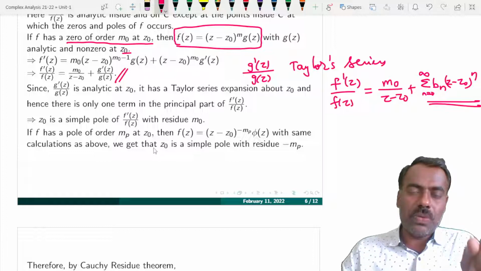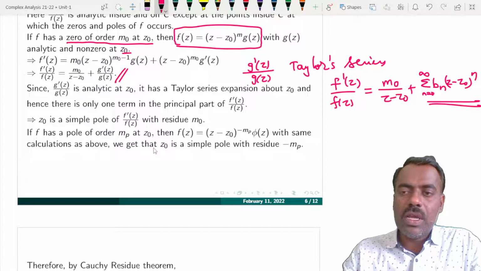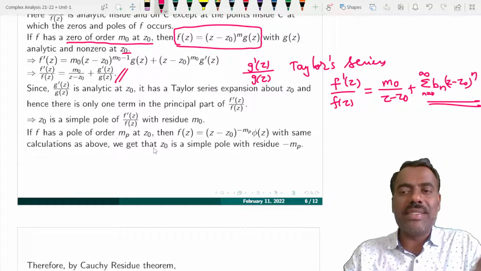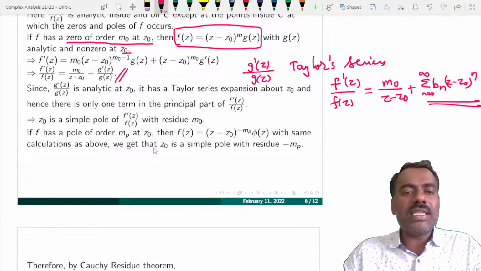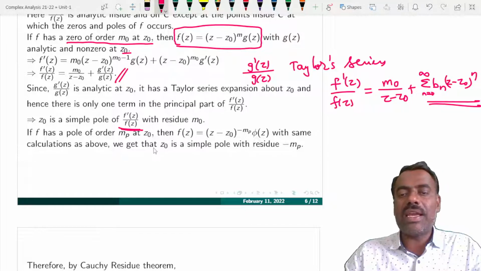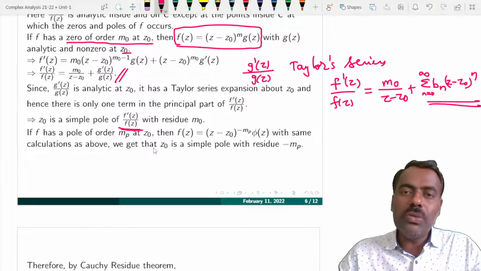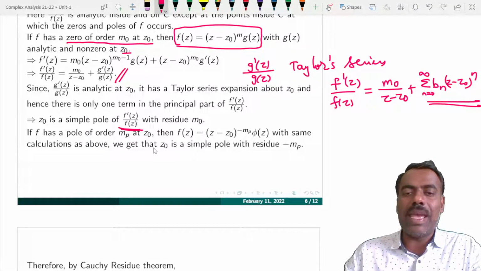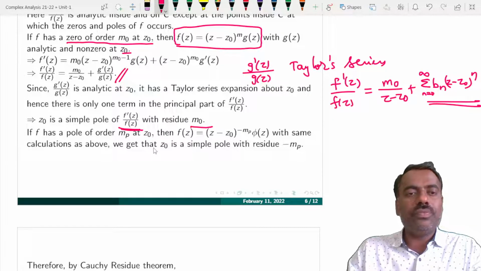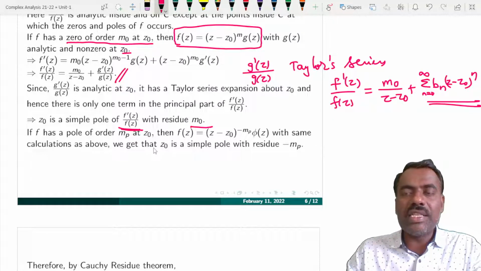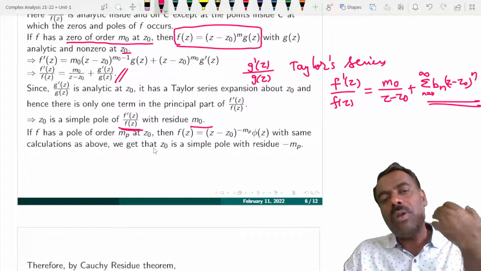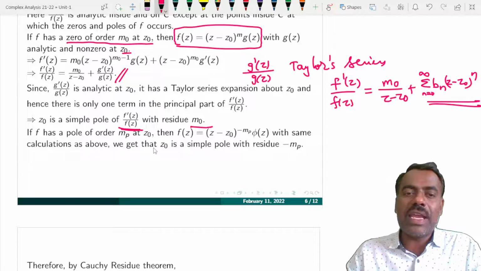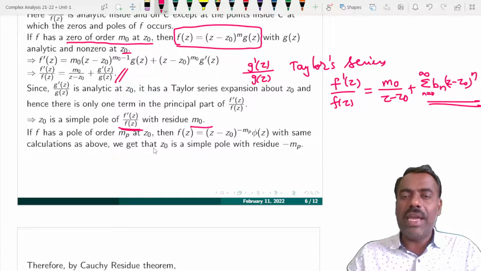Because it involves exactly one term, it is a pole, particularly a simple pole. So z naught is a simple pole of f dash of z by f of z. And what is the residue? We know it is the coefficient of 1 upon z minus z naught, which is m naught here. So if z naught is a zero of order m naught, then z naught is a simple pole for the function f dash of z by f of z with residue m naught.